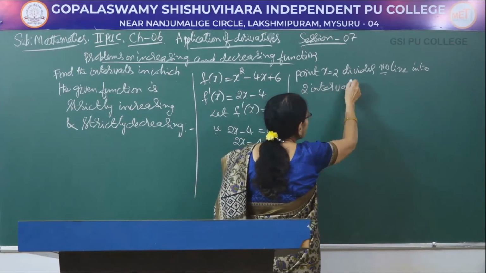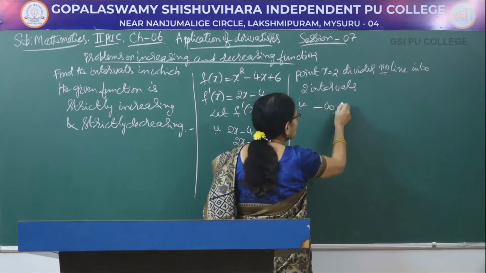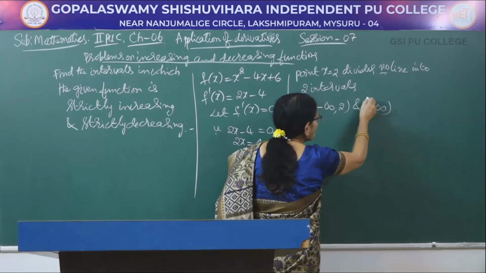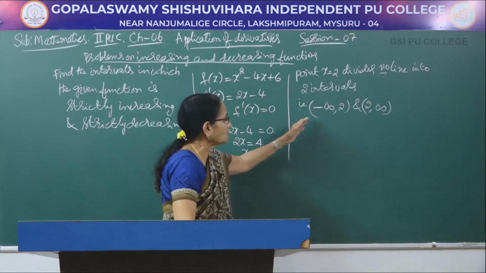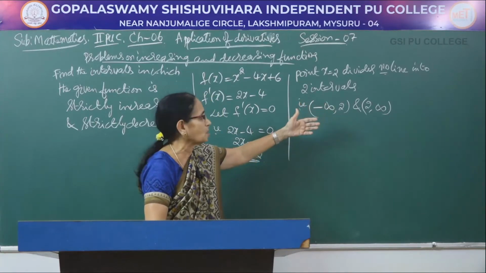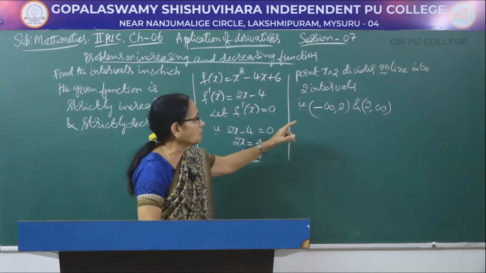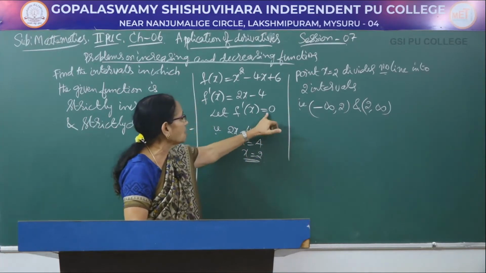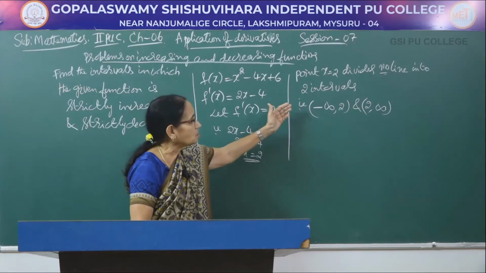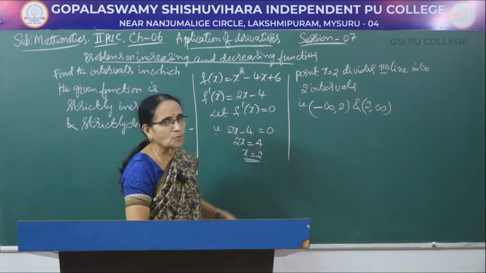The correct word is two intervals, that is -infinity comma 2 and 2 comma infinity, that is from the least value to 2 and from 2 to the maximum value. And it has to be an open interval, because when you take a closed interval at 2, f dash x is exactly equal to 0. So, we cannot take that possibility. So, it is -infinity to 2 open interval, and 2 to +infinity.